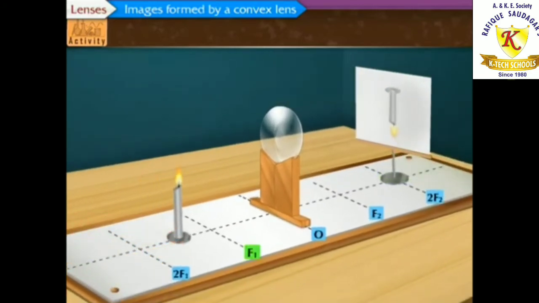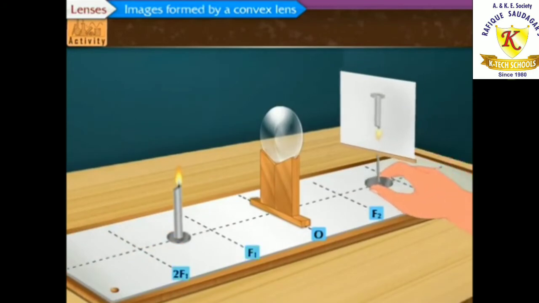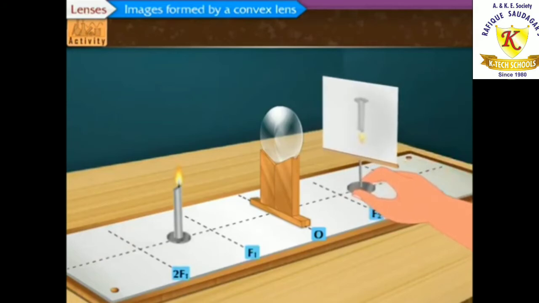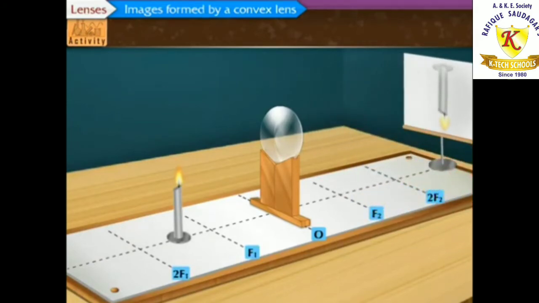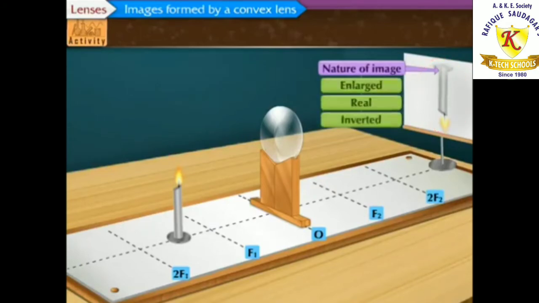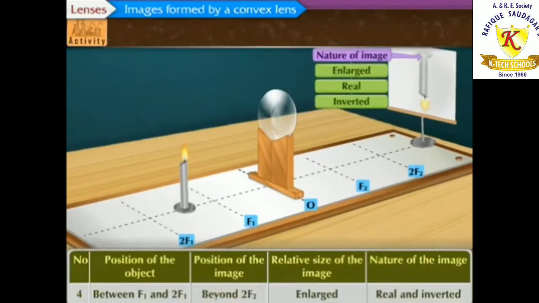Now the position of the object is between F1 and 2F1. Move again the screen to get a clear image. We get the image position beyond 2F2. The size and nature of the image is enlarged, real and inverted.